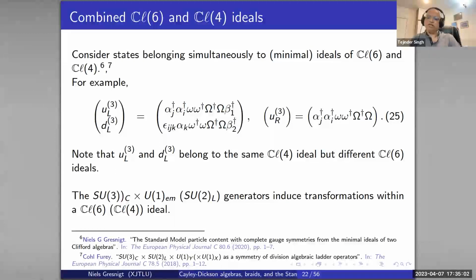Is that what you are asking? Yes, that's exactly what I was asking. I was trying to understand your construction, and in particular, how do you use the split complex number that you have? The split complex number is very important. That will tell you that these are parity reverses of the left-handed fermions. By introducing the split complex number omega, you get parity reversal.